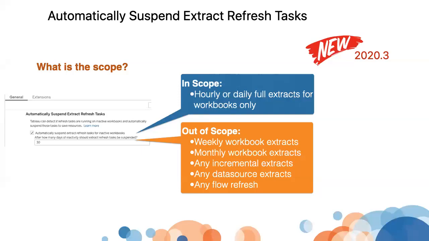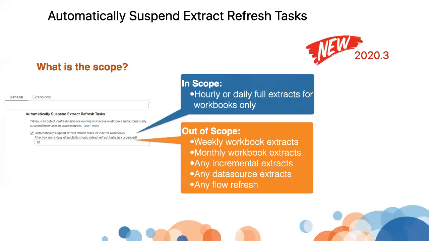Just be aware, weekly and monthly are out of scope, incremental is out of scope, data source extracts are out of scope, and flows are out of scope. I guess it makes sense for weekly because it really doesn't matter too much for weekly or monthly refresh. Incremental, that's fair. Data source extracts, I think should be in scope in the next releases. Flows should be as well.